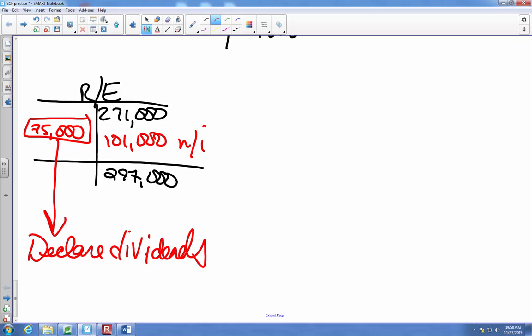Debit or credit? That's my debit. Debit retained earnings, credit dividends payable, $75,000. I have no idea when I'm going to pay them off.